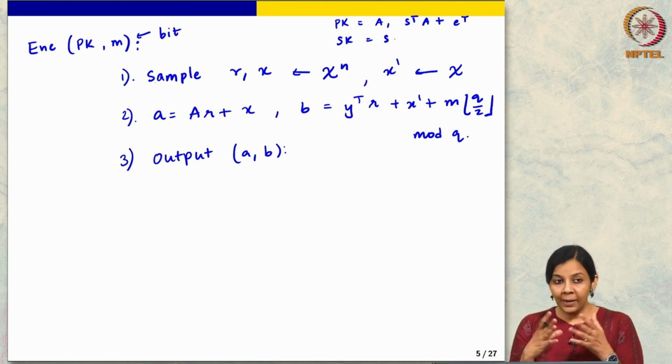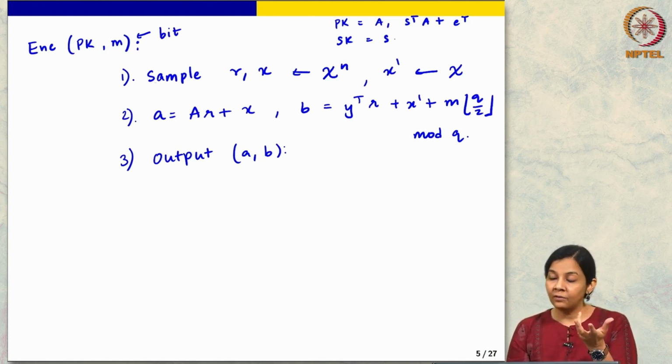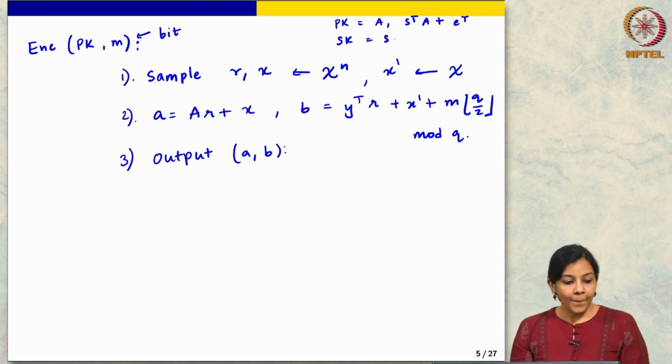Now the public key is itself a matrix and a vector, so I am going to use those as the public labels or matrices of LWE. I will now use those to generate more LWE samples.